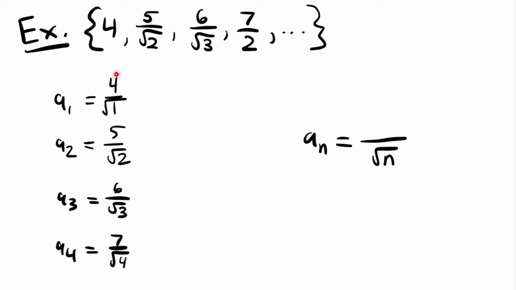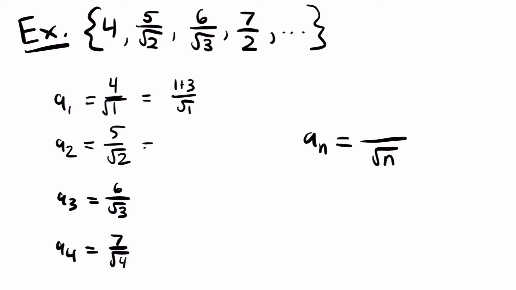But now what about the numerator? Well, let's see if we can rewrite each of these numerators to incorporate the value of n for each of those terms. So for example, this will be equal to the square root of 1 in a denominator, but how could we rewrite 4 so that we have 1 within that expression? Well, 4 is equal to 1 plus 3, so that's one way that we could write it. And so let's see if we can develop some type of pattern with the rest of our terms by breaking up the numerators in a similar way.